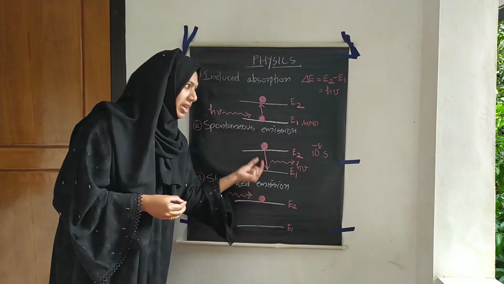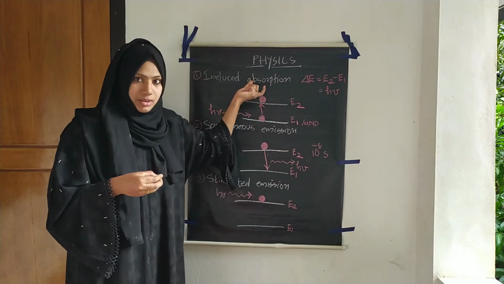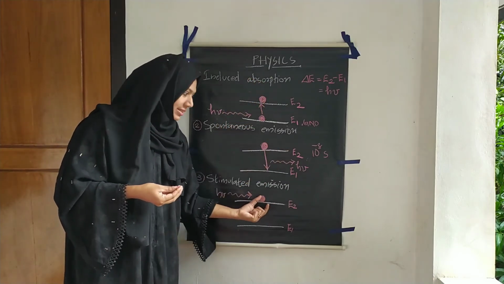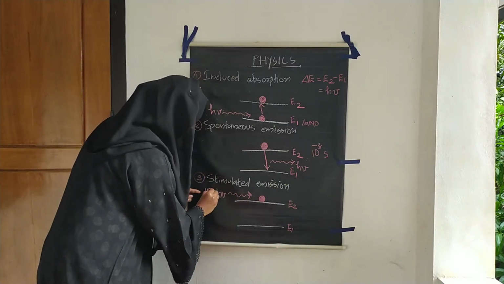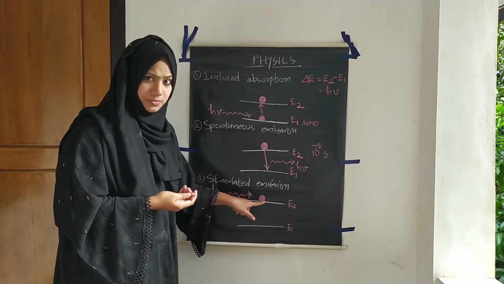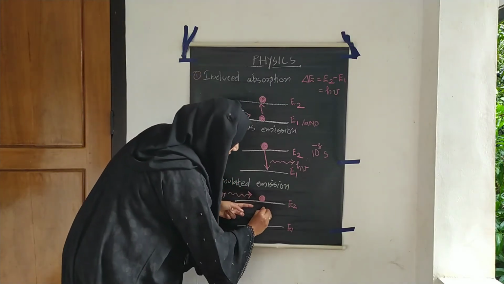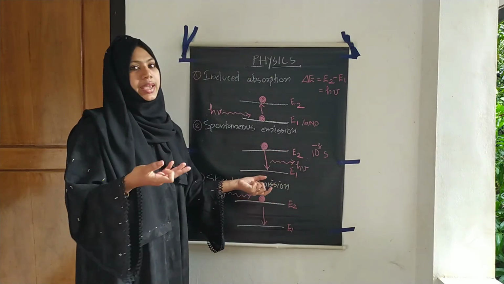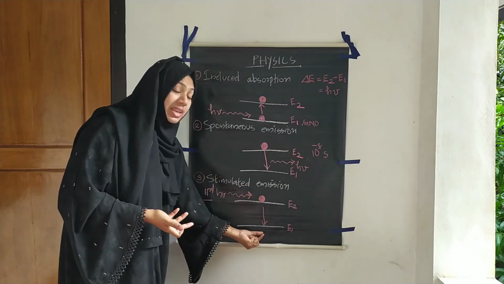That is, the atom has already absorbed a photon of energy h nu and jumped into its excited state, and before it gets de-excited we are giving another photon, the second photon of the same energy h nu. We all know that it will not stay in its high energy state, as it is a non-equilibrium state, for a longer time, so it gets de-excited.